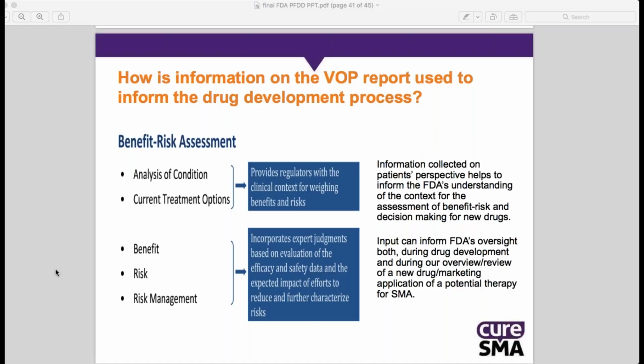That way, when FDA looks at the next three rows, on benefit, risk, and risk management, it can view the benefits and risks through the therapeutic context, or through that lens that you've helped establish for them, which provides the preferences, or at least the context, through which to balance benefits and risks. So it really is a great opportunity to have a direct impact on drug development and review.